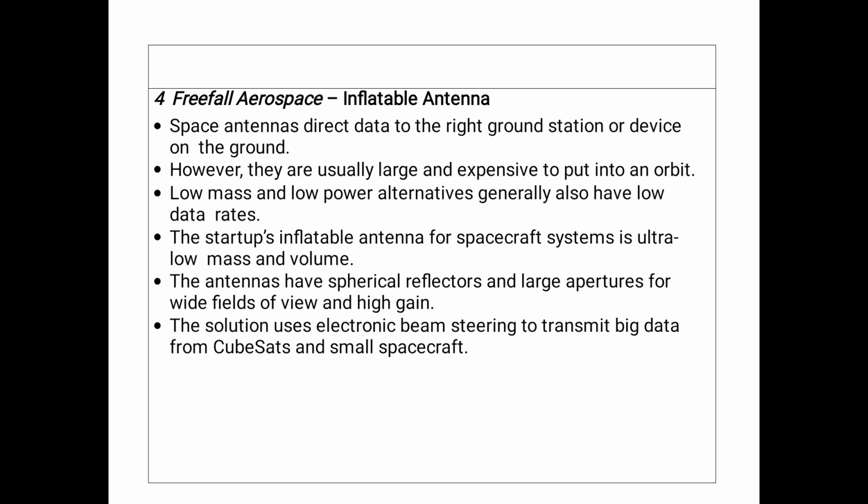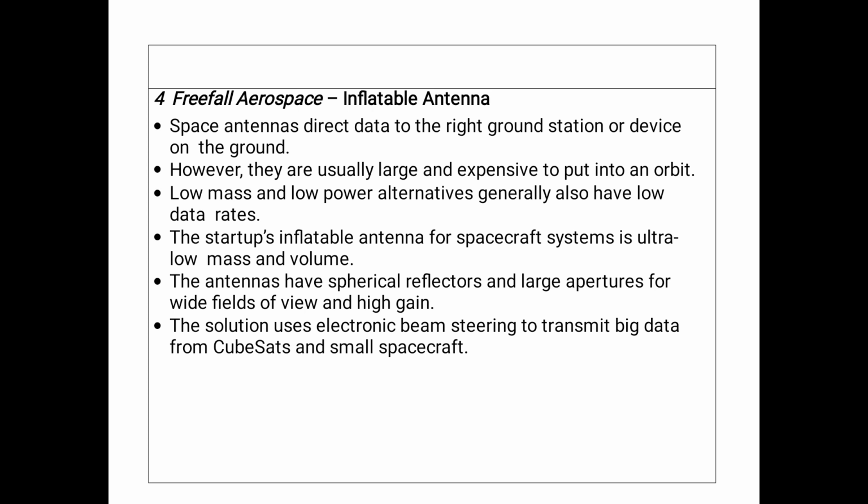The fourth one will be Freefall Aerospace, that is inflatable antennas. Space antennas direct data to the right ground station or device on the ground. However, they are usually large and expensive to put into orbit. Low mass, low power alternatives generally also have low rate data.